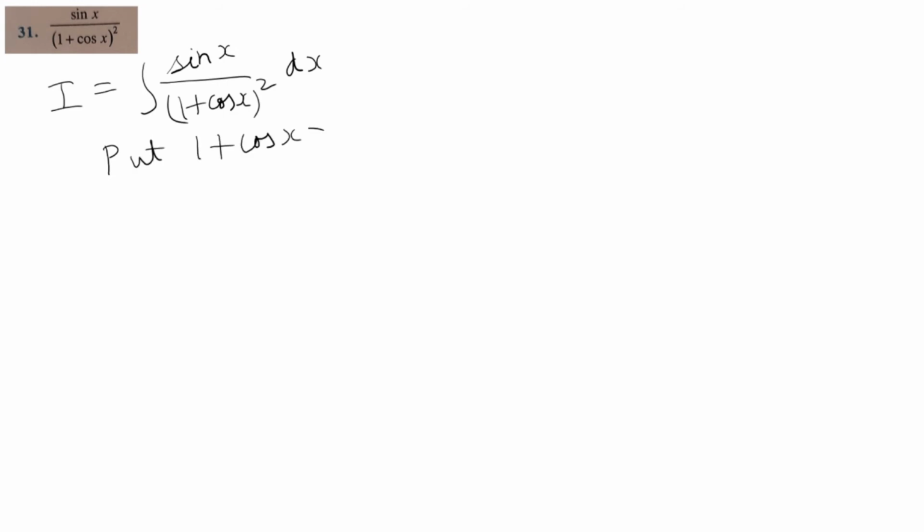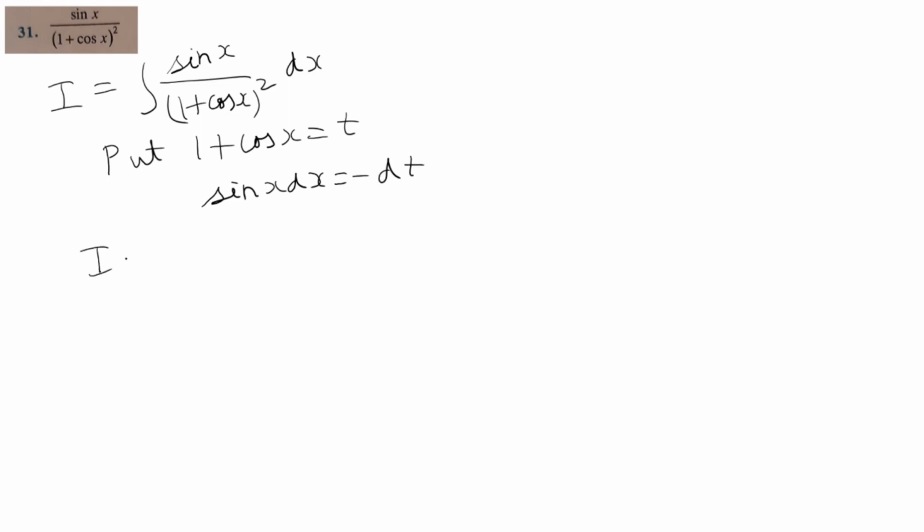The next one is sin x by 1 plus cos x the whole square. It is similar to the previous one except that the denominator has got a square. So let us take I is equal to integral sin x by 1 plus cos x the whole square dx. Again we can put 1 plus cos x equal to t. So sin x dx will be minus dt.